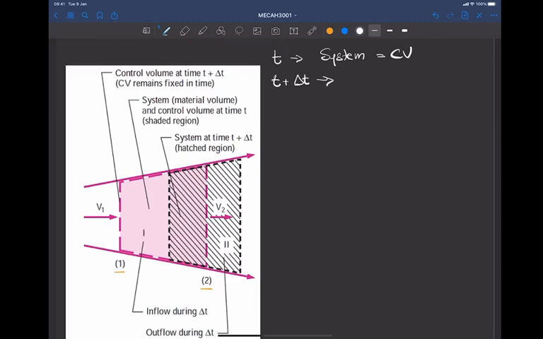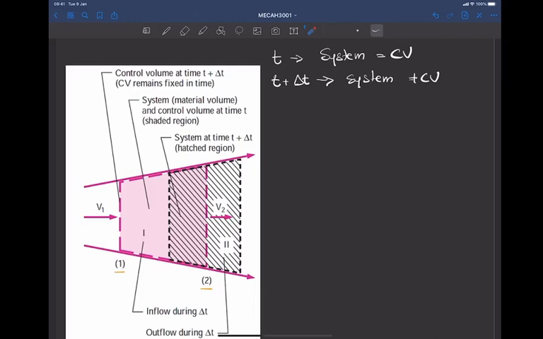Because of that, the system and the control volume will not occupy the same region anymore. In particular, the system will not occupy the region 1 anymore, which is partially overlapped with the fixed control volume, but will cover a new region that we indicate here with 2, which is not contained in the control volume.